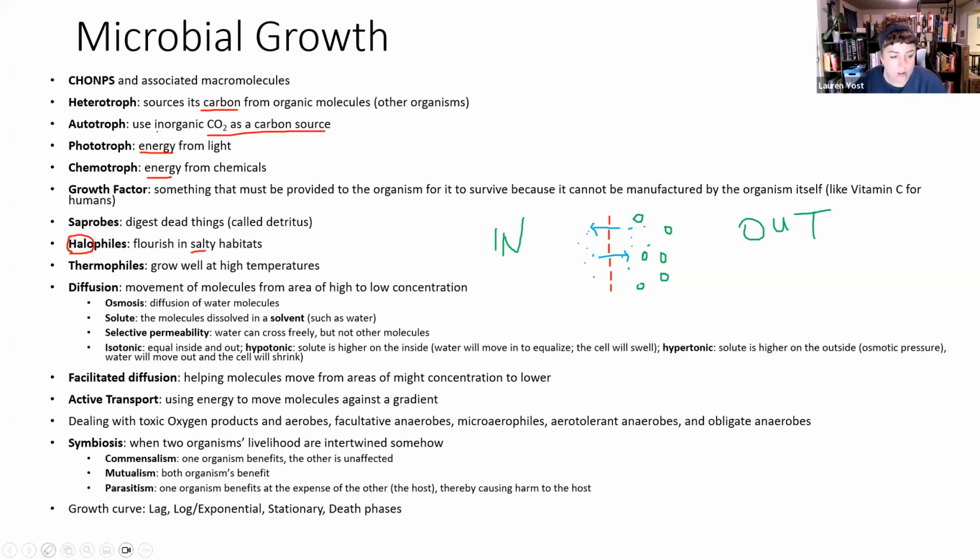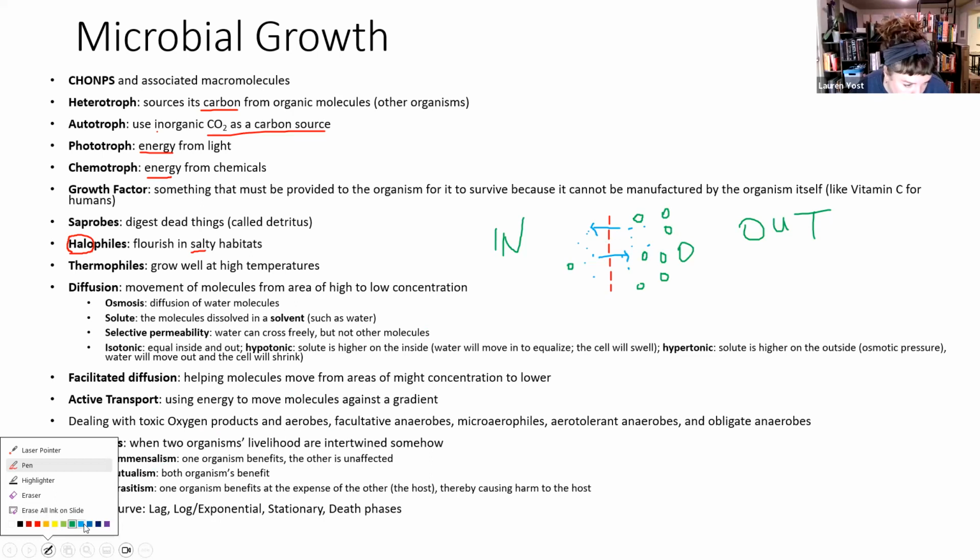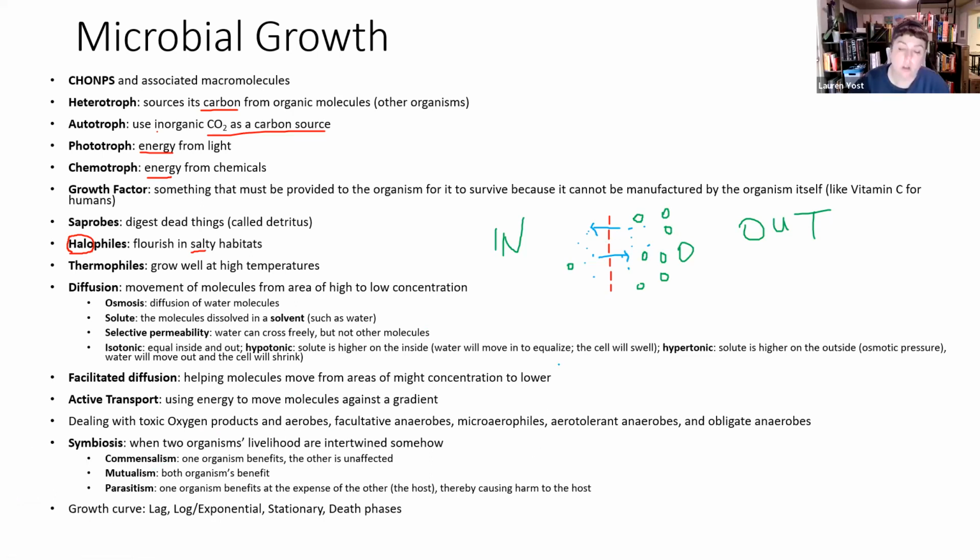So essentially what the cell will do is, let's just say there's a little bit on this side. It doesn't matter really, but it's just a whole lot out here, okay? What the body will do is try to push water out to make the concentration the same as the concentration outside.